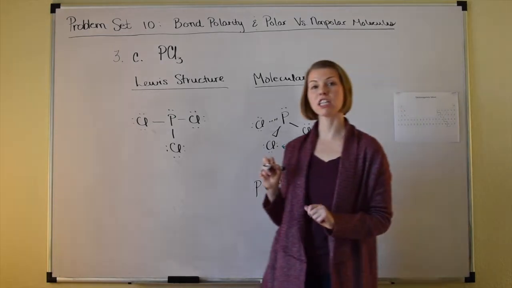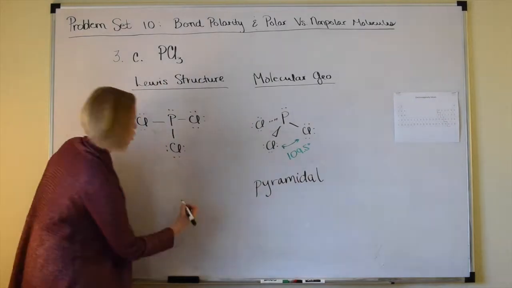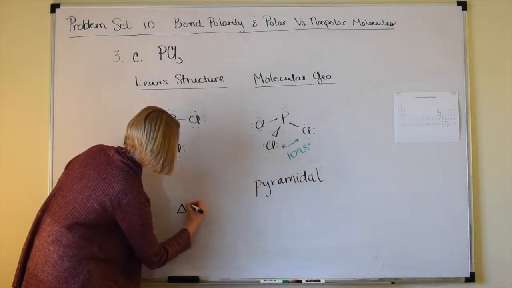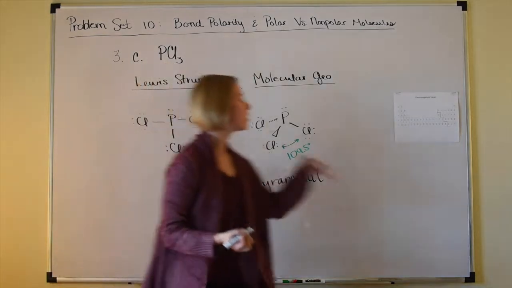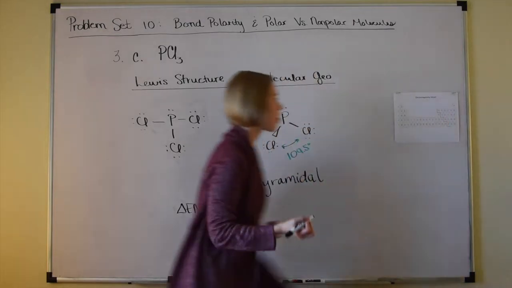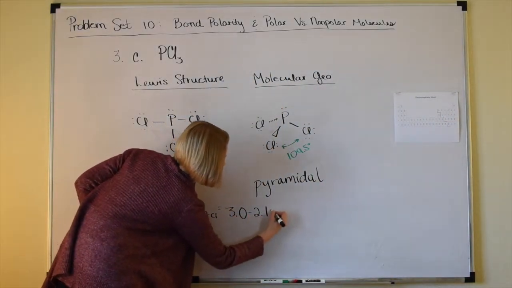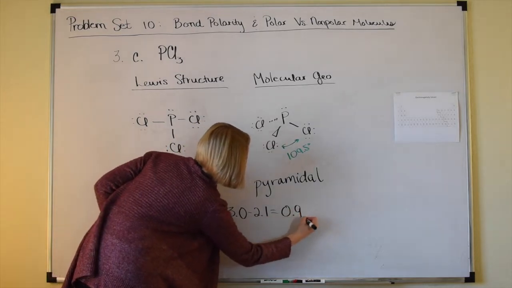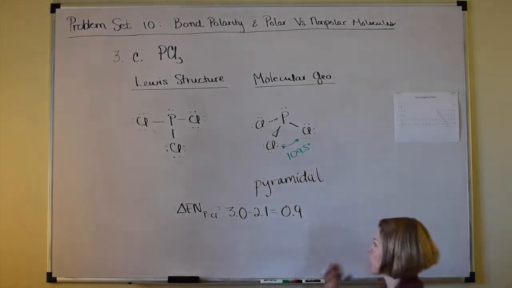Okay, now let's analyze our change in electronegativity for a phosphorus-chlorine bond, the delta EN for a PCl bond. So we've got phosphorus 2.1, we've got chlorine 3.0. So 3.0 minus 2.1 gives us 0.9. Remember that that is in the polar covalent range.